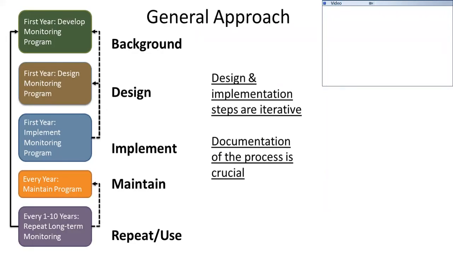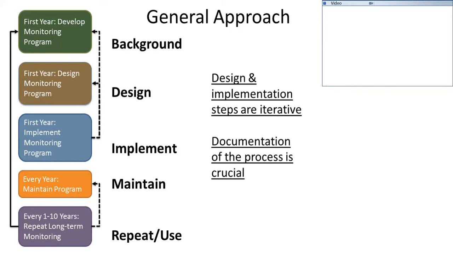This is the 30,000-foot view of what we do in any of these projects. There's a backgrounding phase, sometimes the painful part of the process, where we take some time to pull out all of the basic information that we need to do the design. Then the actual design phase, and then we get to the implementation phase.